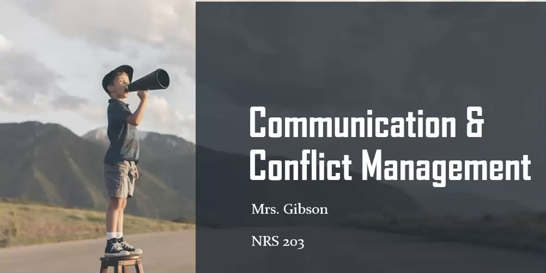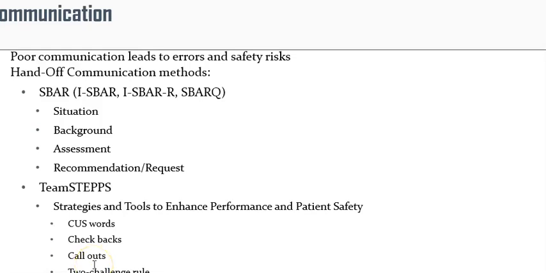We're going to be discussing communication and conflict management. So, communication. What is communication? Your ATI book on page 177 defines communication as a complex process of sending, receiving, and comprehending information being exchanged between two or more people.